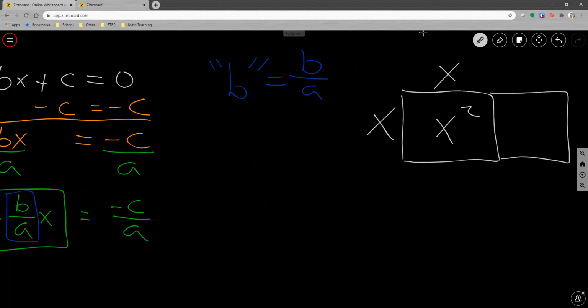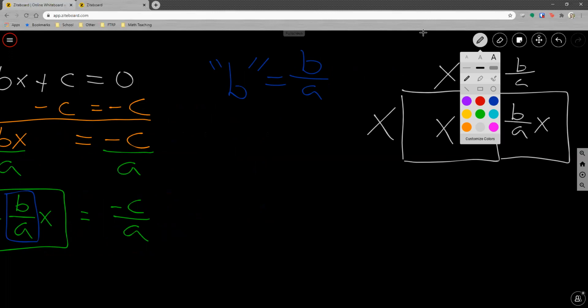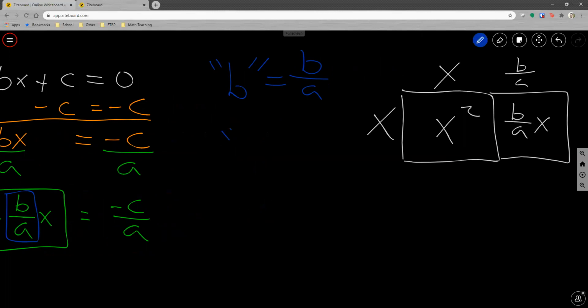And then I've got b over a times x, so this part across the top is b over a. Remember, my first step of completing the square is to take that b value and divide it by 2. If I do that here, I'm going to have a 2 down in the denominator, so b over 2a.